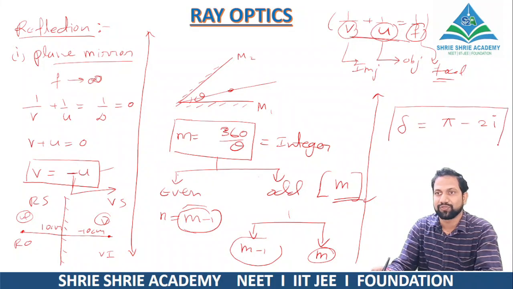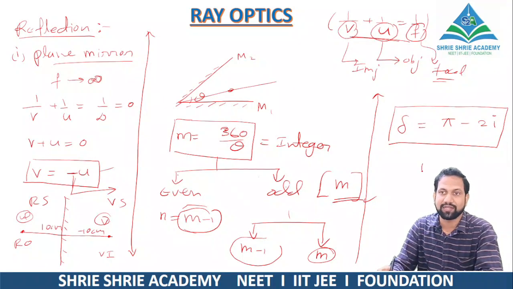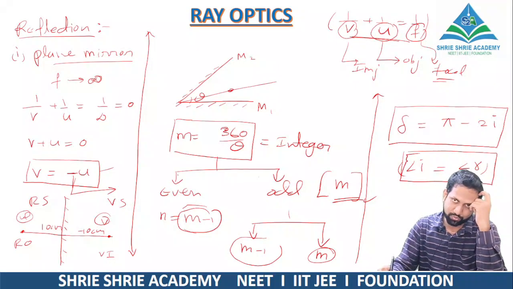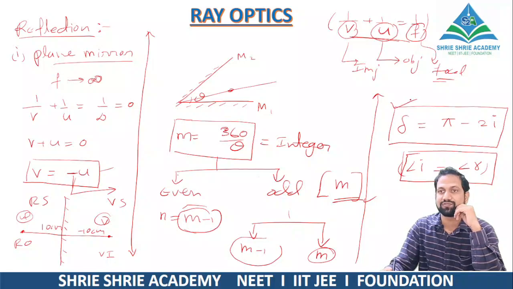The deviation is 180 minus 2i, where i is the angle of incidence, and you know already the angle of incidence and angle of reflection are equal. This is the first law of reflection. I hope you got the clarity. Angle of incidence and reflection are equal, and delta equals pi minus 2i. This formula is also important, and this is about reflection at a plane mirror.